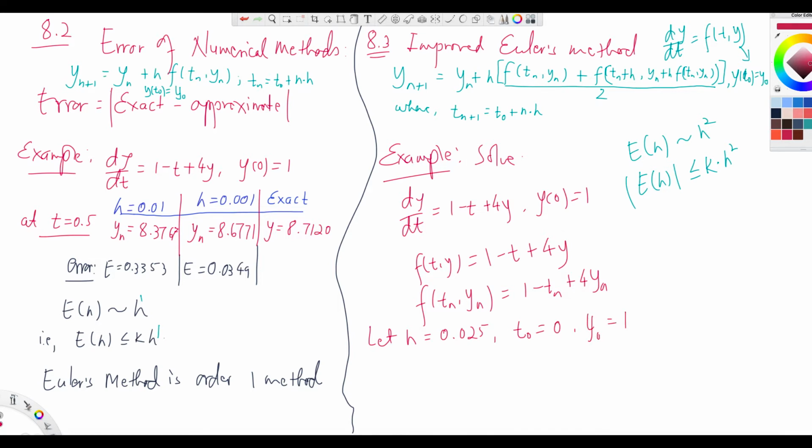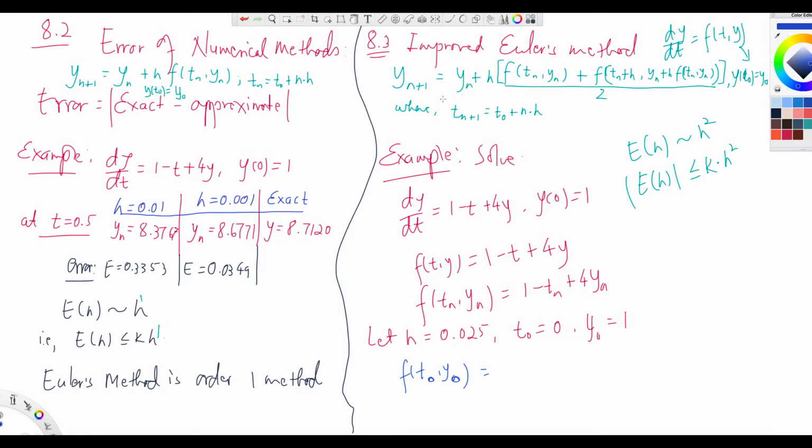So t0 and y0 are given, and then we plug in here to find y_{n+1}. With this value, what will be our f of t_n, y_n? Let's find f of t0, y0, because I will need that here.